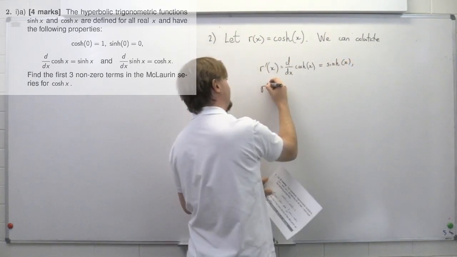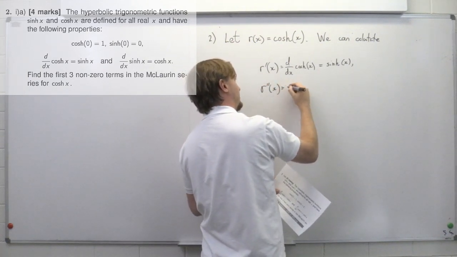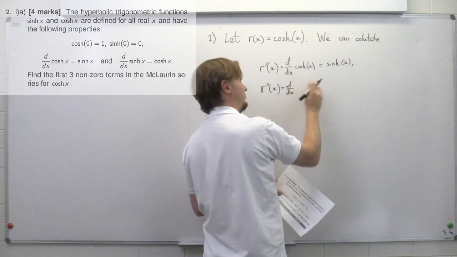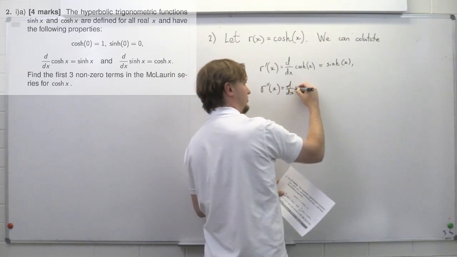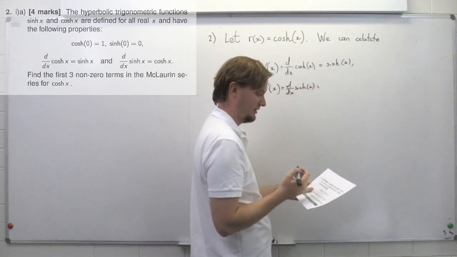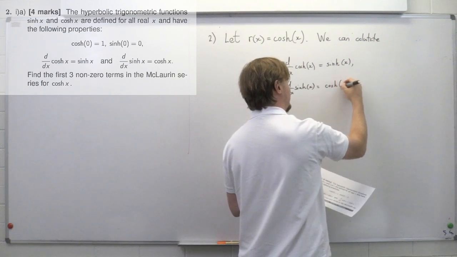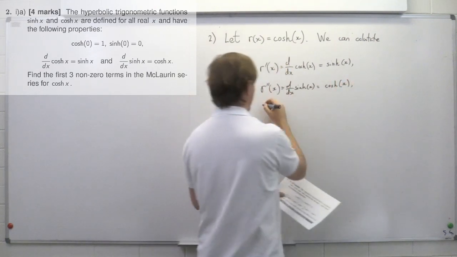So now if I want the second derivative, well, that's just going to be the derivative of the first derivative, which we know is the hyperbolic sine. And according to the information here, the hyperbolic sine's derivative is just hyperbolic cos. And we can continue.